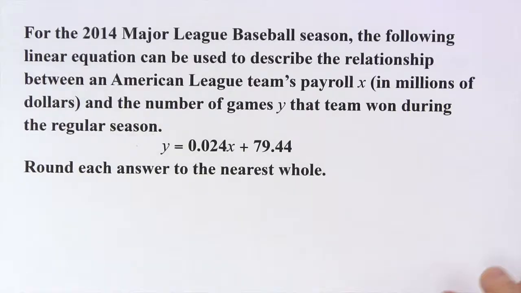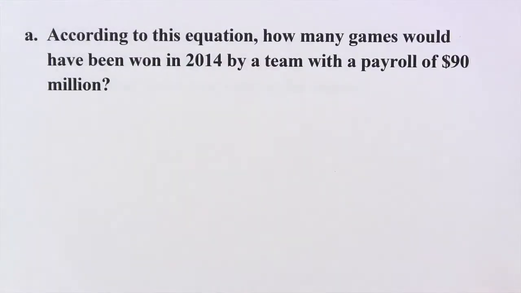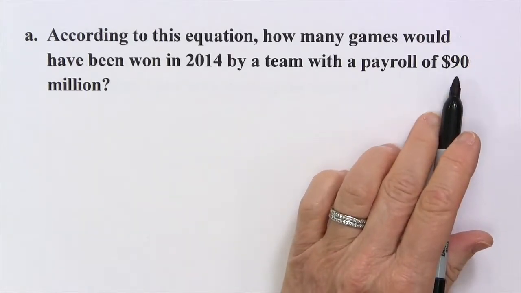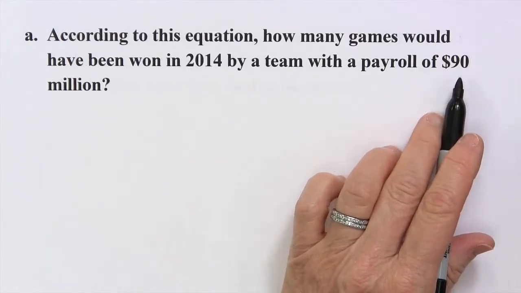So let's look at part A. According to the equation we just looked at, how many games would have been won in 2014 by a team with a payroll of 90 million? Now, is this X or Y? Remember, X is payroll.